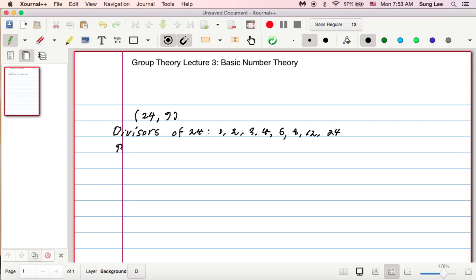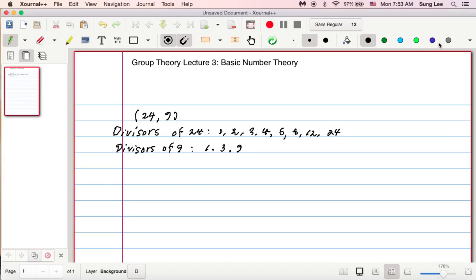And then, the divisors of 9, that's even easier, right? We have 1, 3, and 9.